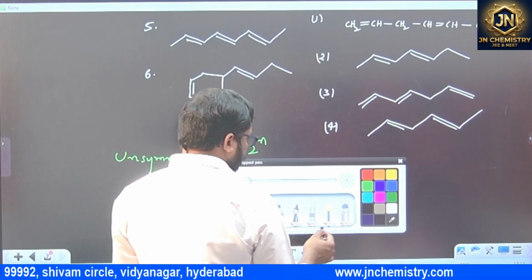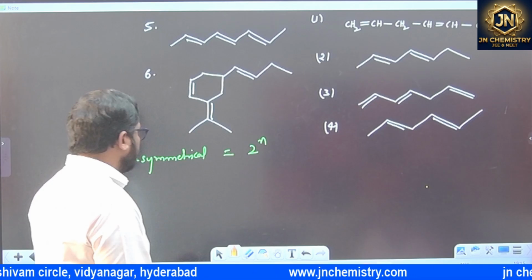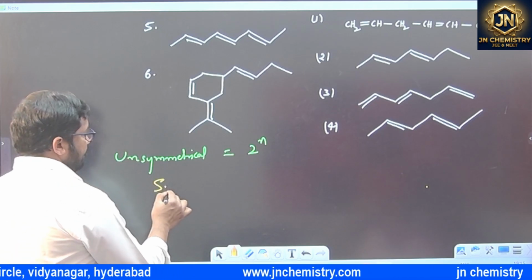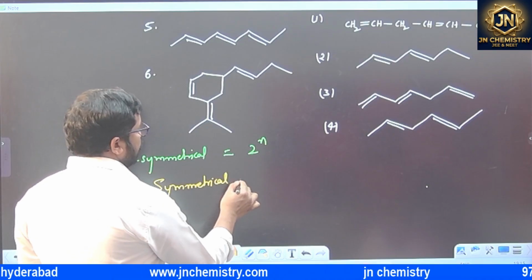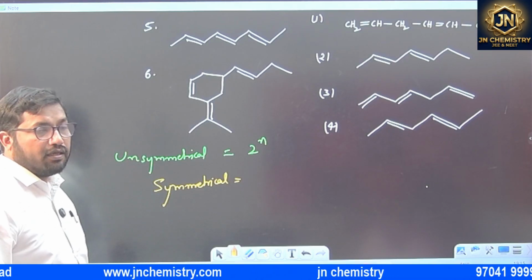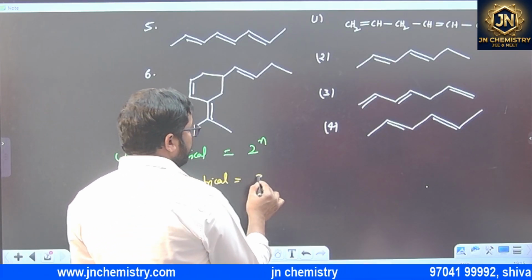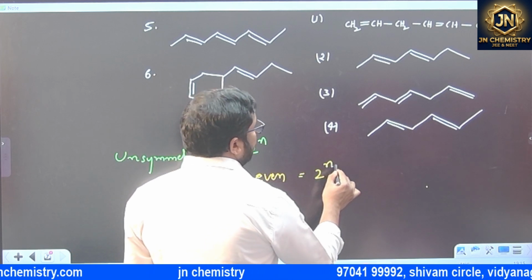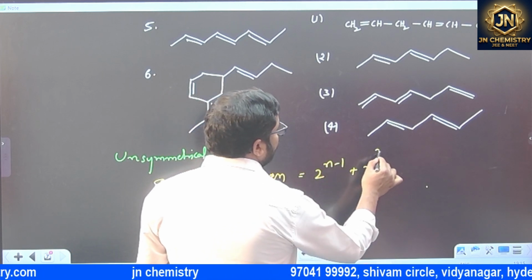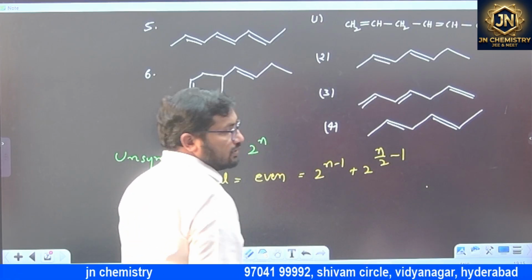Next, symmetrical. In case of symmetrical, if n is even, it is 2 power n minus 1 plus 2 power n by 2 minus 1.